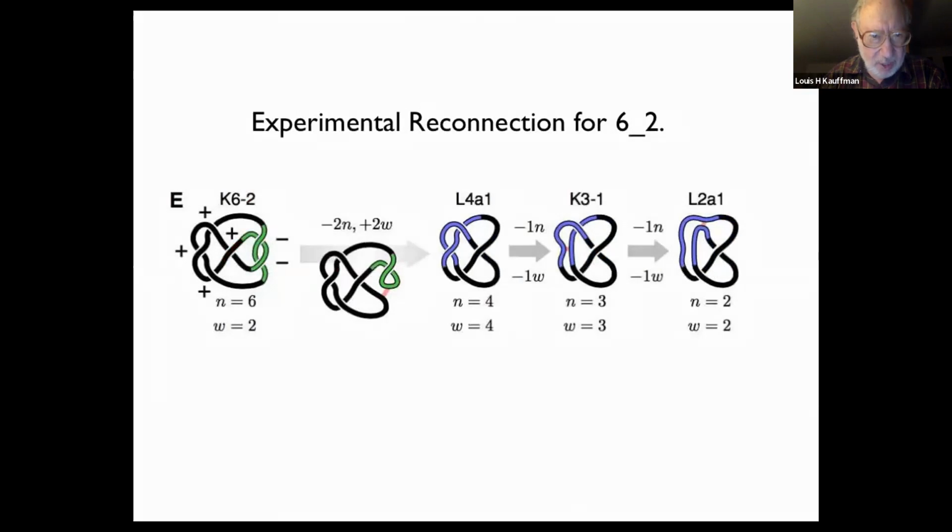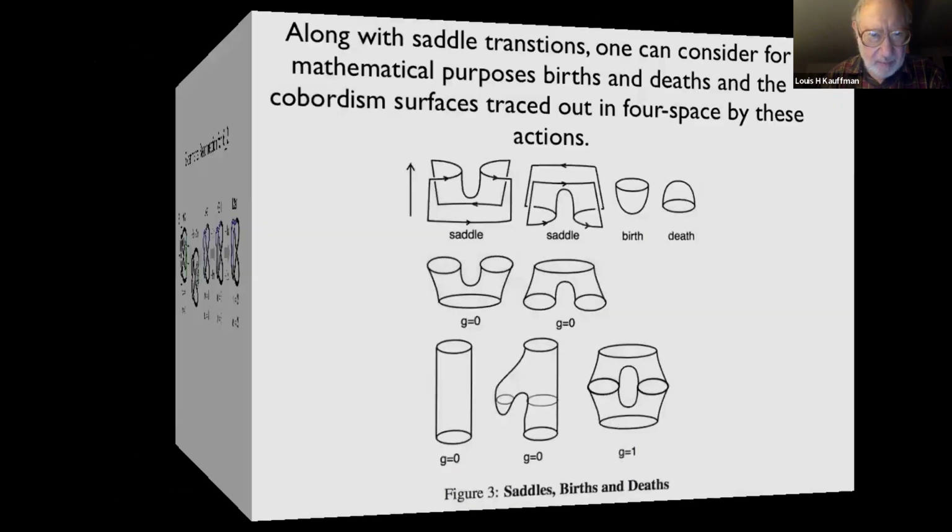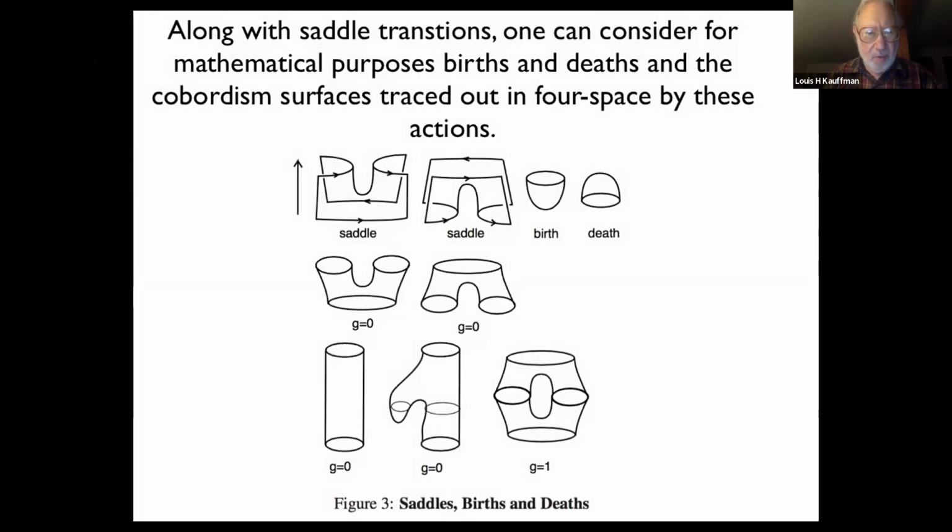This is just a picture in more detail of what the previous slide was showing you. 6-2 turning into a link, turning into a trefoil knot. Now, as I said, the point of view here in physical language is to consider the world line of the vortex as it goes through its singularities, or from the point of view of knot theory, it's to consider cobordisms of these knots, of which the cobordisms that we're looking at, particularly that are happening physically, are just being generated by going through saddle points, like I've illustrated here.